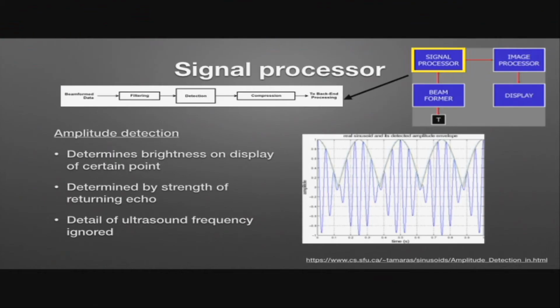And what this will do through a process known as demodulation is ignore all the frequency information and just focus on the amplitude. And that's where you can see on this green line, the machine focuses on that green line as opposed to the blue line, which has more of the frequency information in it. So it's just focusing on the amplitude.